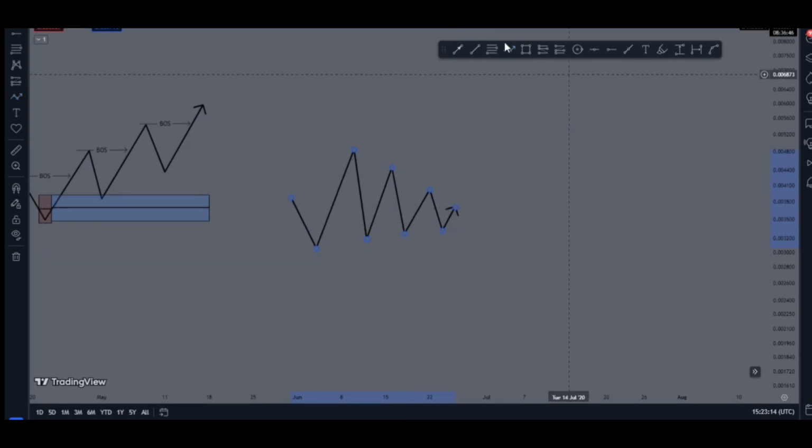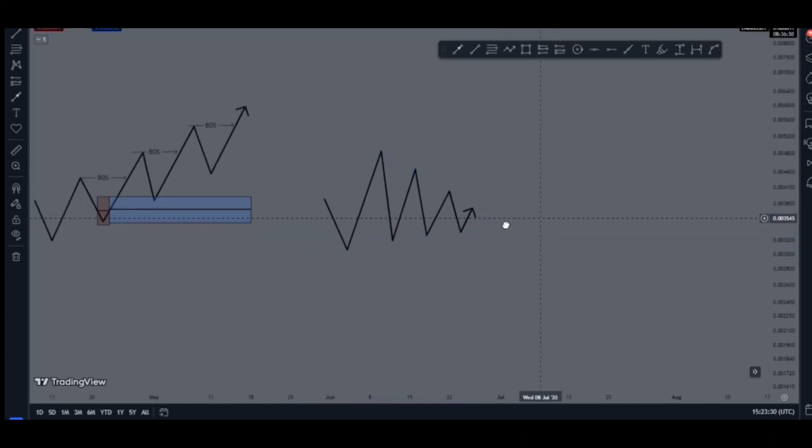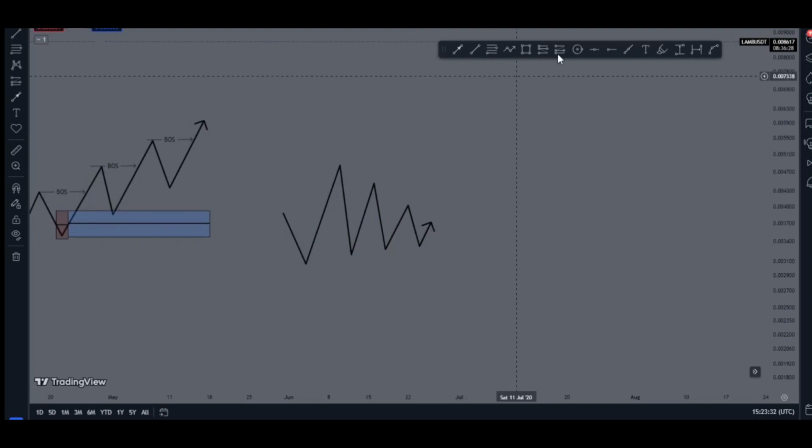This is when the trend line traders will come in, but don't fall for this. Instead of using a trend line, there's liquidity. Just mark here as the last high of liquidity.